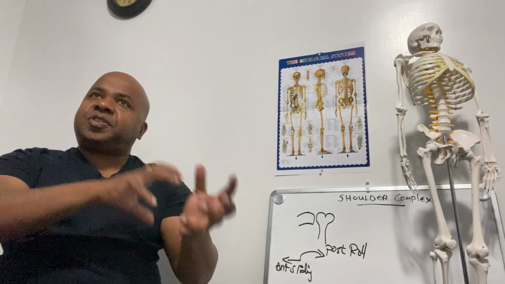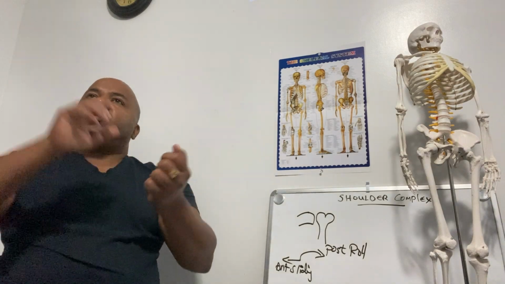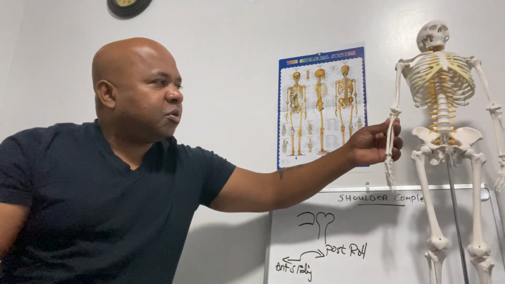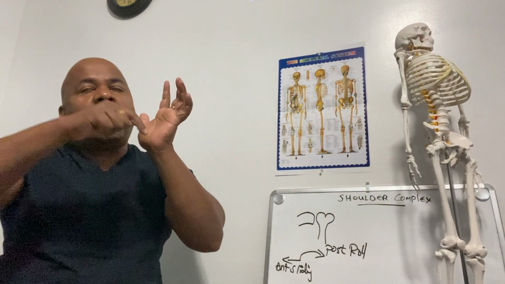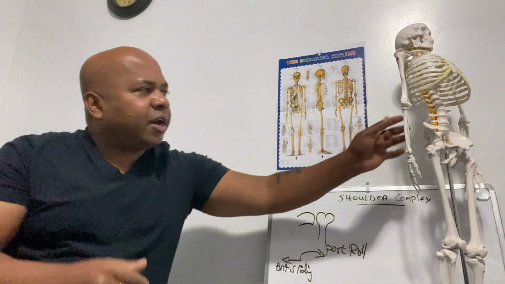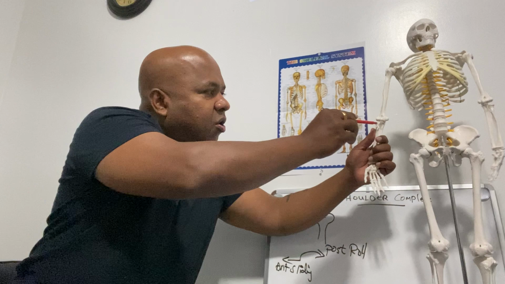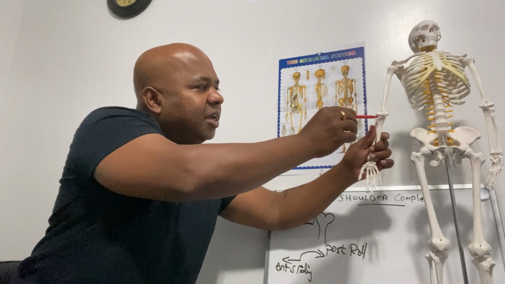So let us first analyze the humero-ulnar joint movements during elbow flexion. The ulnar bone has got the trochlear notch. Here you can see the trochlear notch of the ulna. The inside is the trochlear notch.